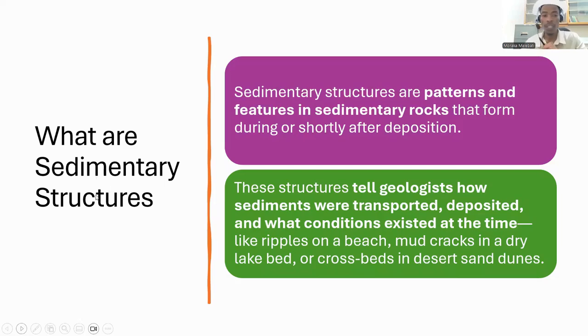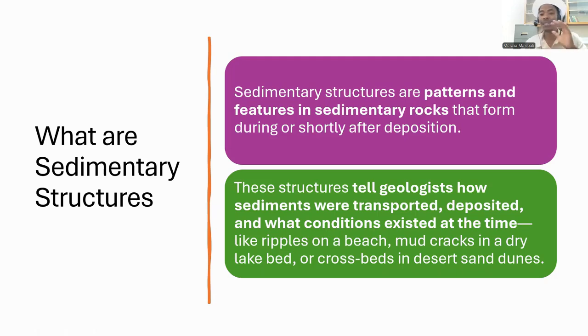Basically, sedimentary structures are patterns and features in sedimentary rocks that form during or shortly after deposition. These structures tell geologists how sediments were transported, deposited, and what conditions existed at the time, like ripples on the beach, mud cracks in a dry lake bed, or crossbeds in desert sand dunes.